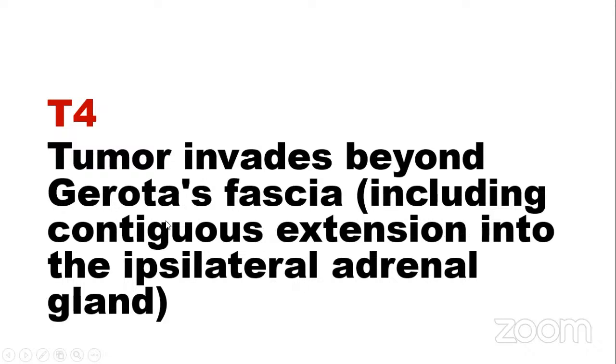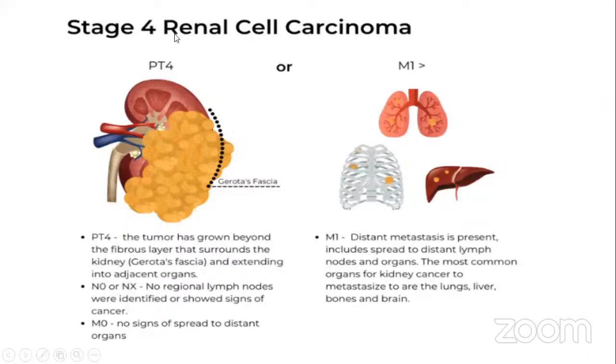This is a very important point for T4. The tumor invades beyond the Gerota fascia, including the contiguous extension into the ipsilateral adrenal gland. This is the T4, as you see here, and the ipsilateral adrenal gland is included.